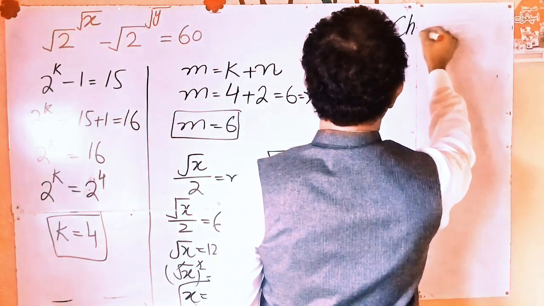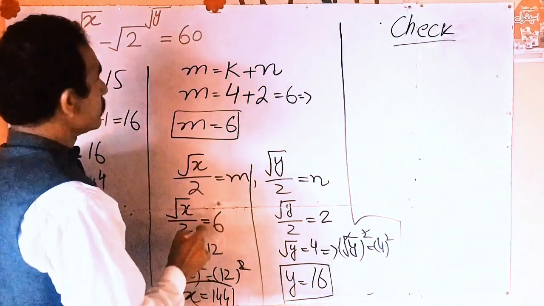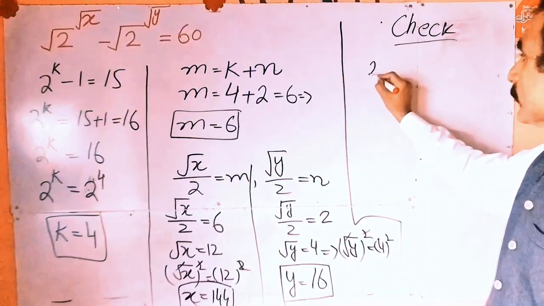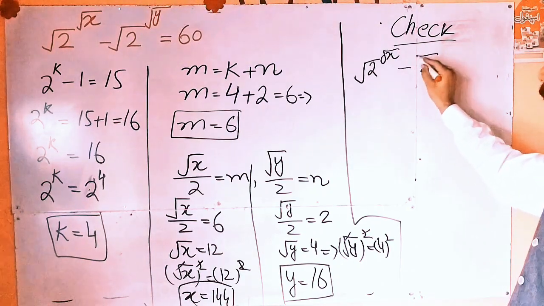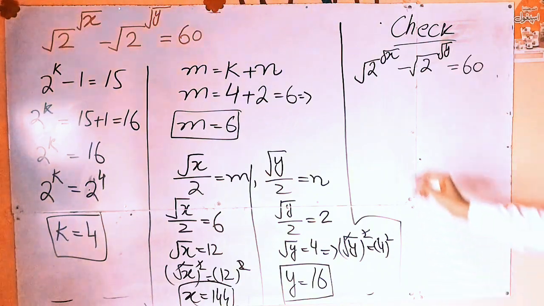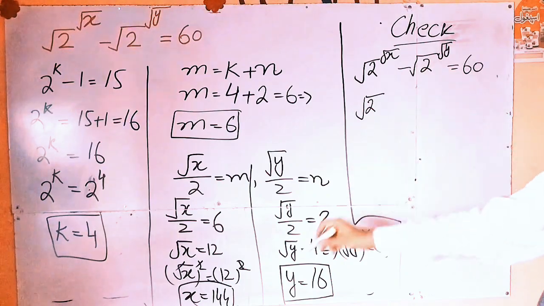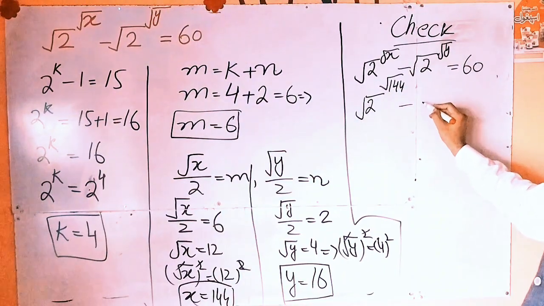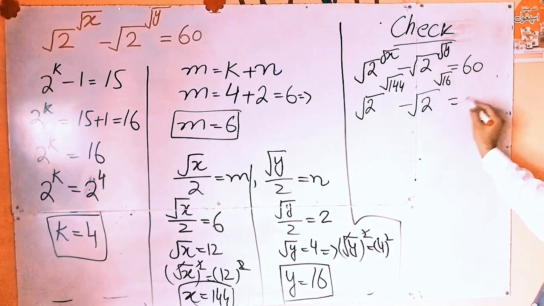We check it. 2 to the power of square root of x minus 2 to the power of square root of y is equal to 60. Put the value of x, 144, and y, 16.